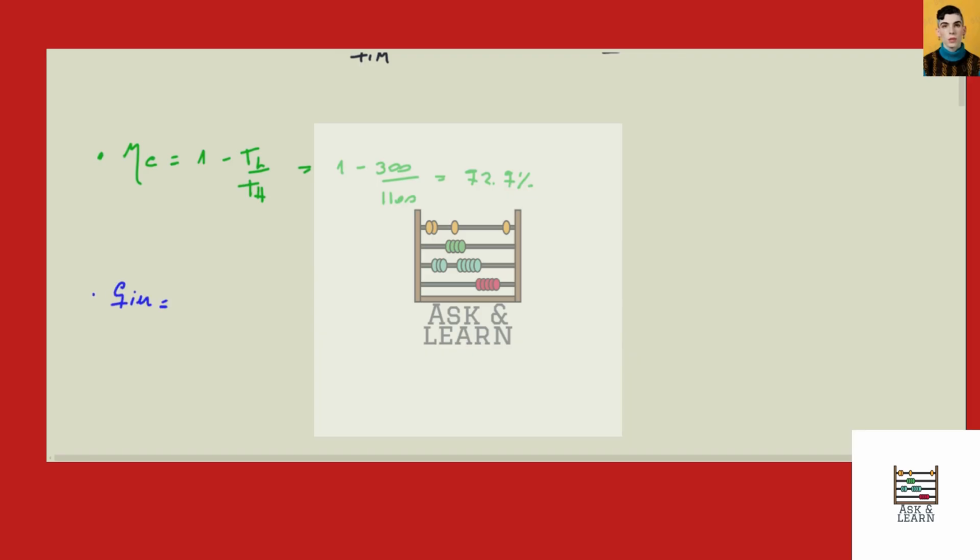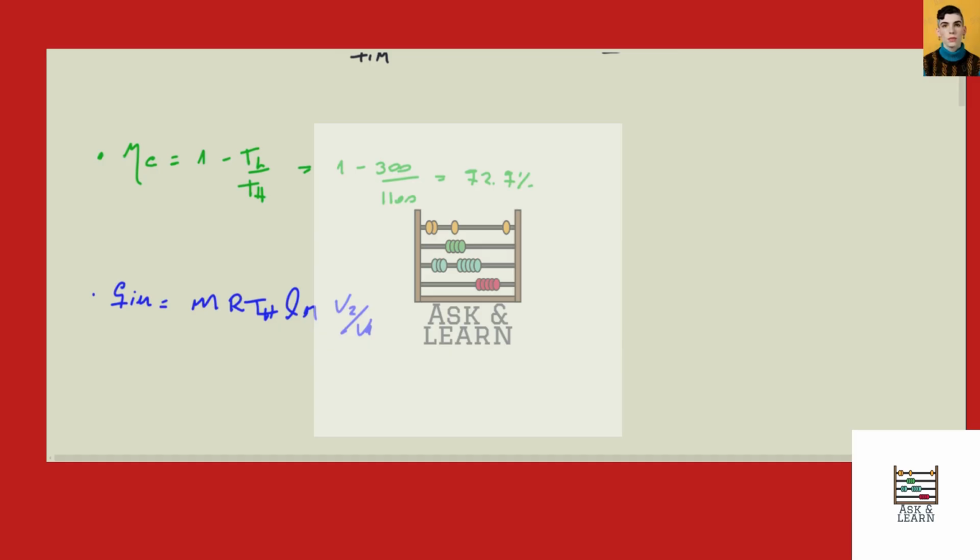Okay? The second thing we must find is the heat input. So what is the heat input? The heat input in a Carnot cycle is just m R TH, because it's the temperature of the high energy reservoir, natural log of V2 over V1. Okay, because it's the transition where we are working with the high energy input.